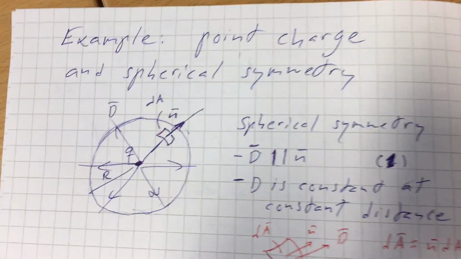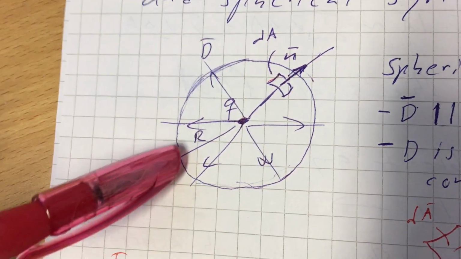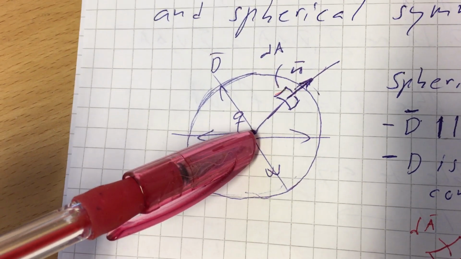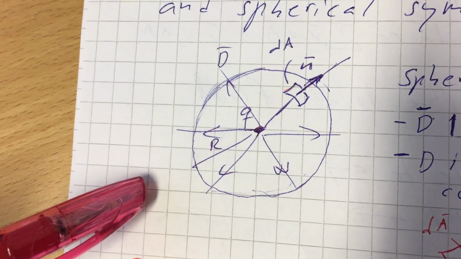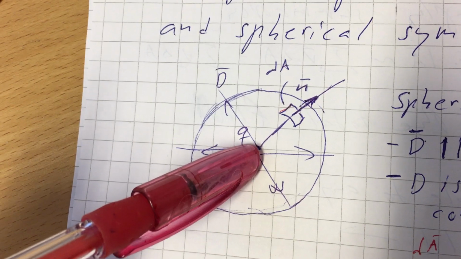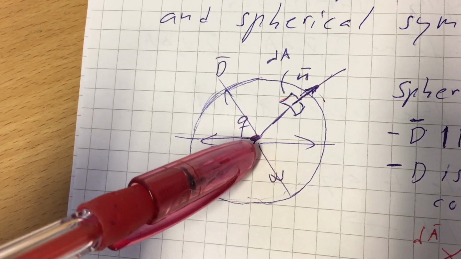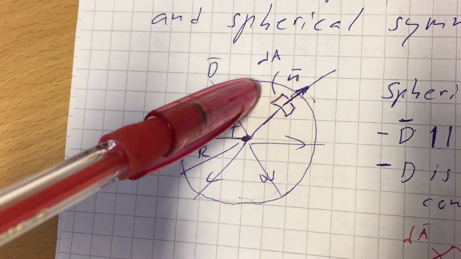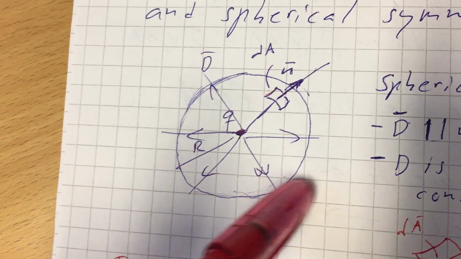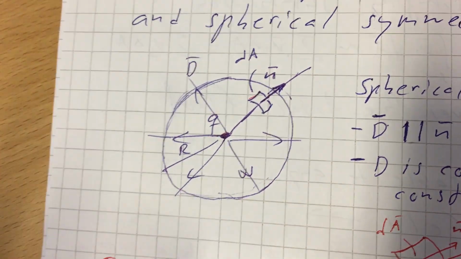In this case we have a spherical symmetry. And so if we define a surface which is a sphere with a radius r, so that the charge is just in the center of the sphere. So this is a spherically symmetric case. So the field lines point outwards from the charge, and of course when we rotate space to any direction, the flux density does not depend on the position on the surface.